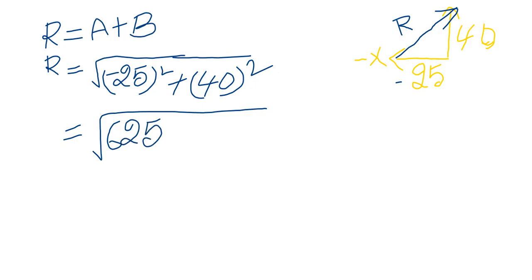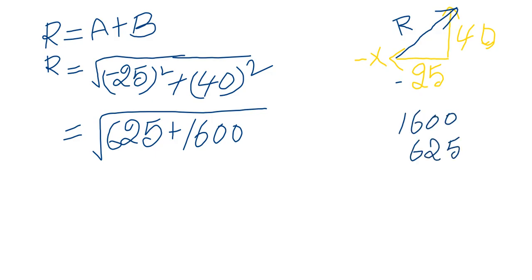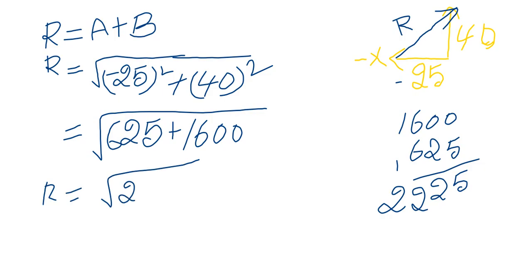The value of 40 into 40 is 1600. 1600 plus 625 is 2225. So take the root of this value.